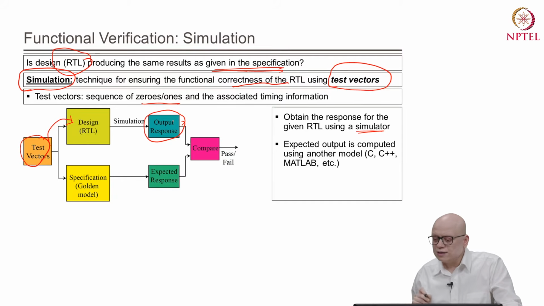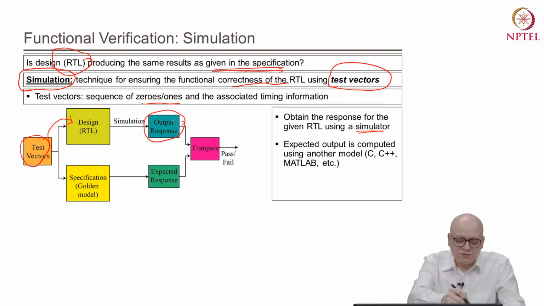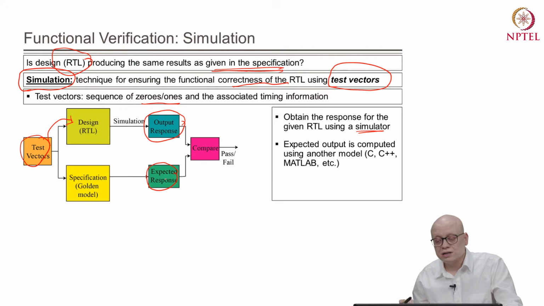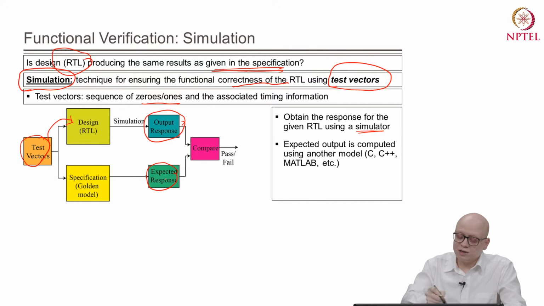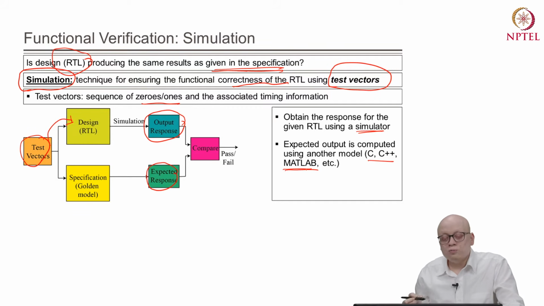For the same test vector, we also compute the expected output response from the given specification, which may be modeled in C, C++, MATLAB and so on. We get this expected response just by running their binary or executables.